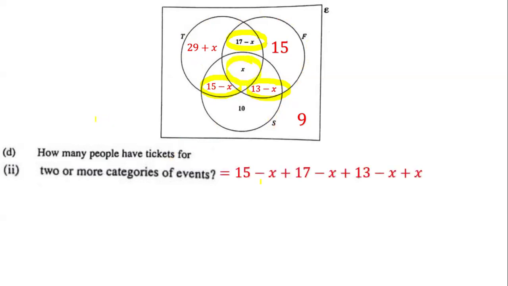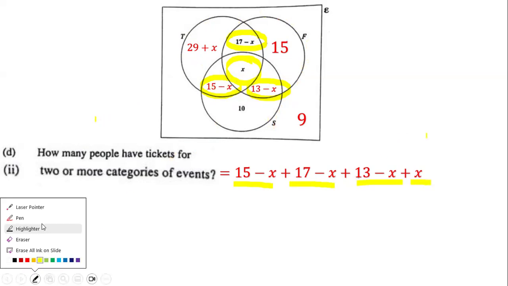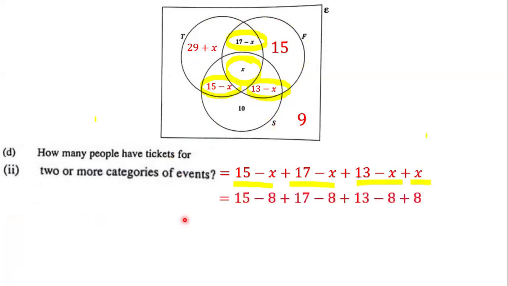And so let's do that. So that's 15 minus x, 17 minus x, 13 minus x, and also x. And so we substitute. Wherever we see x, we put 8. And so we have 15 minus 8 plus 17 minus 8 plus 13 minus 8 plus 8, and that's definitely 29.